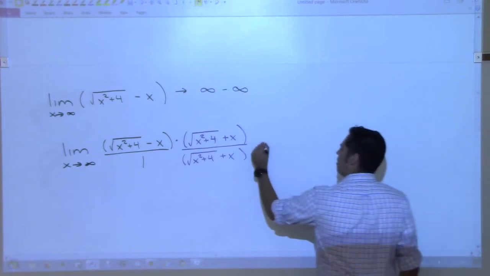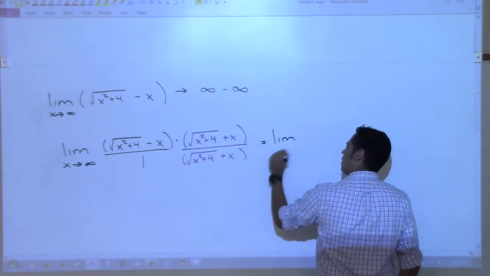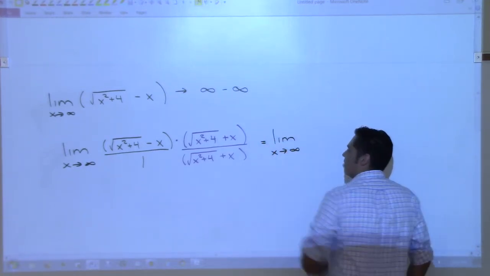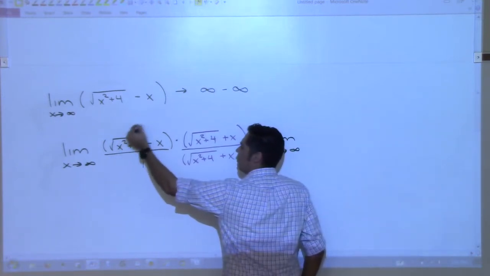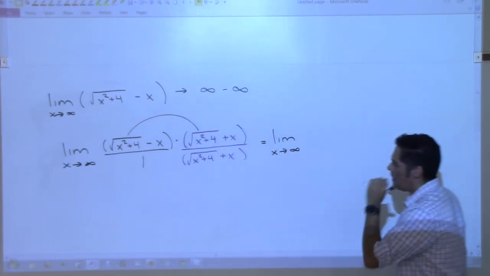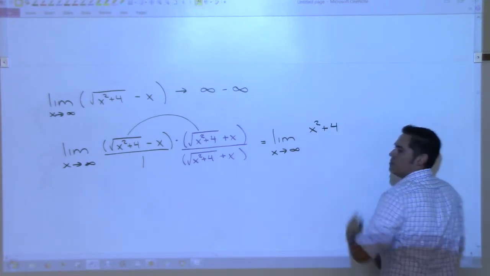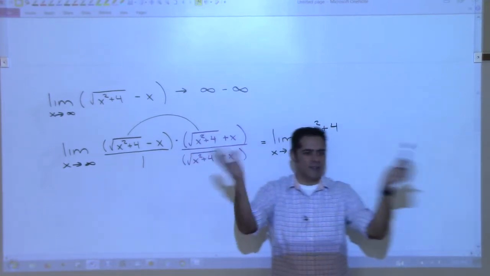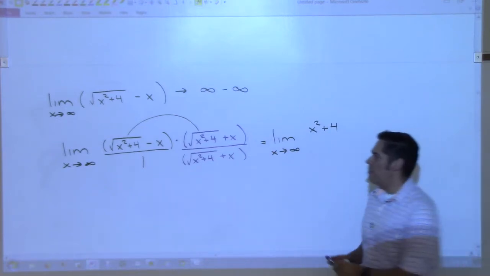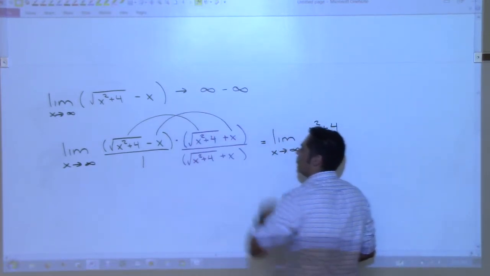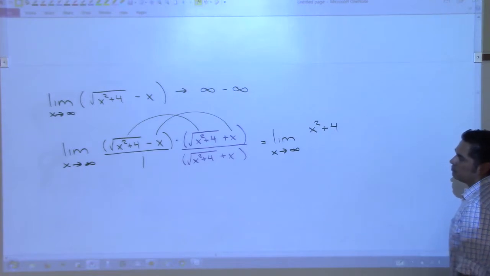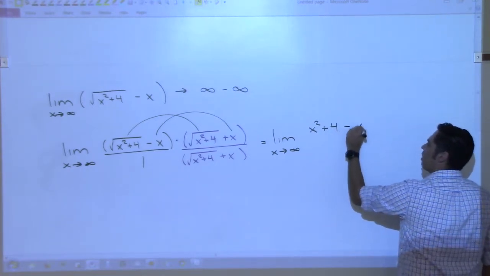All right, let's take a look at this numerator. So this times that is what? Just the x squared plus 4. Do I care about the middle terms? No, the middles are going to cancel every time. So all I care now about is the last terms, which are these two. And what is that? Minus x squared.